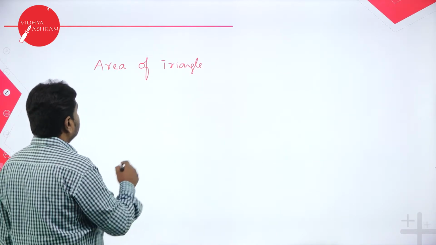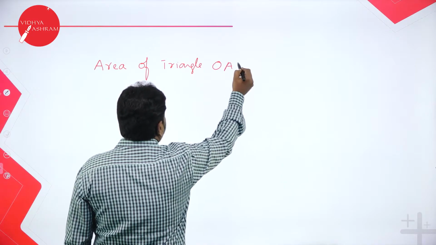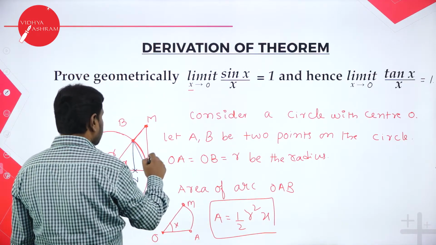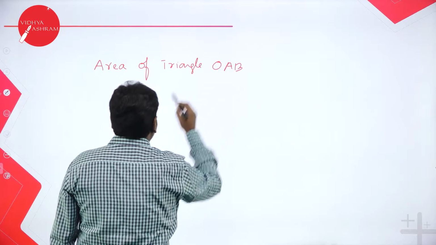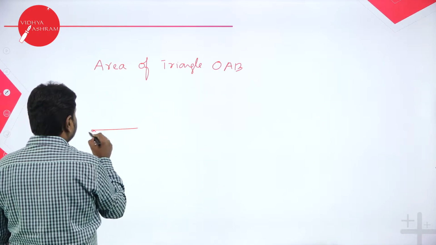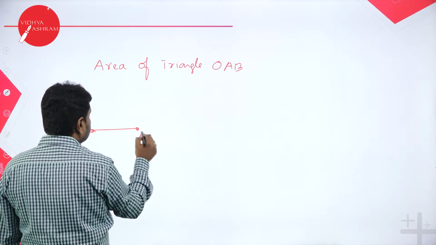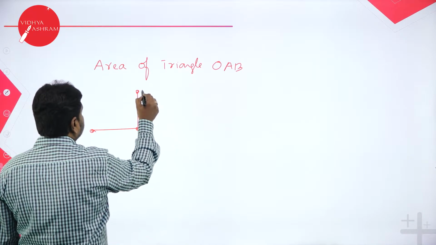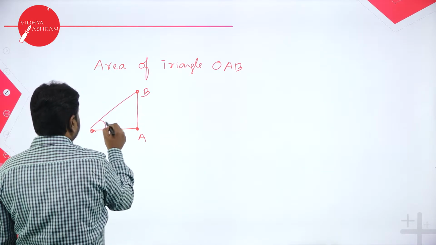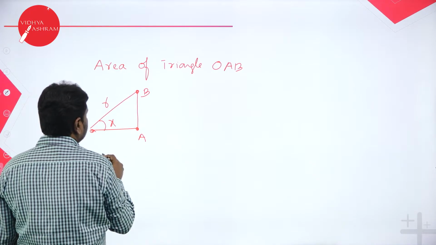Then the area of triangle OAB. See, this is OAB only we took, but the OAB triangle we will take. If I take the triangle in the diagram, it is O, this is A, and here we have B. And here we have X, and this is the radius, all of you know.